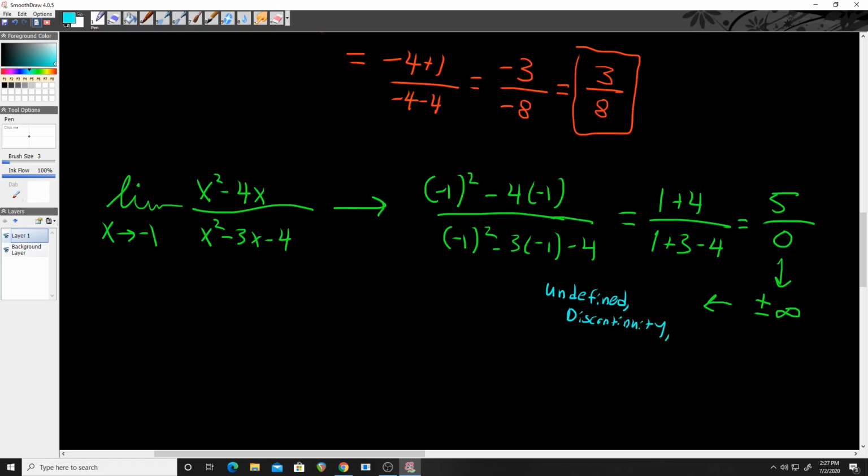And because it's not 0 over 0, this is going to be a non-removable discontinuity. And in fact, it's going to be an infinite discontinuity, as you may have guessed from when we said the function went to plus or minus infinity. So good. We're going to have an infinite discontinuity.